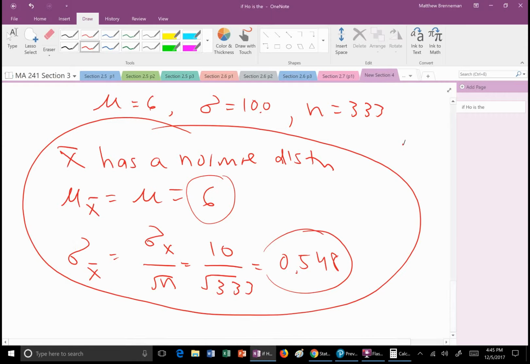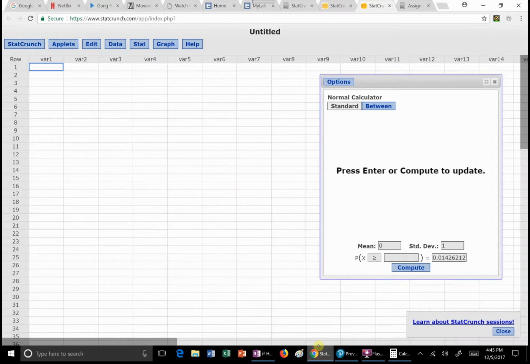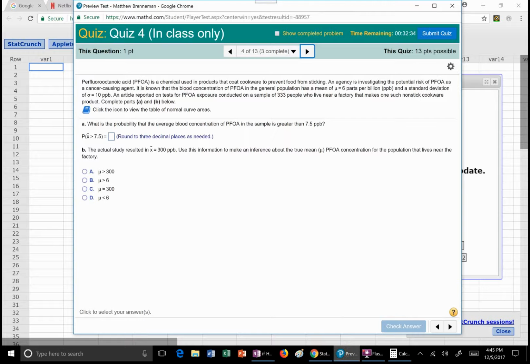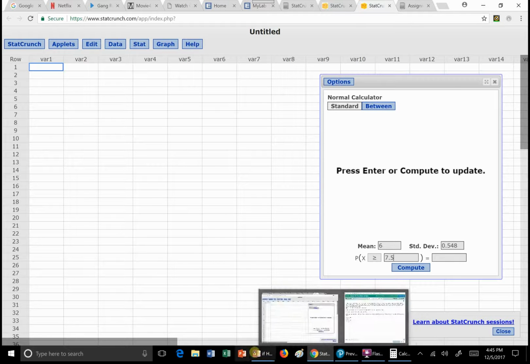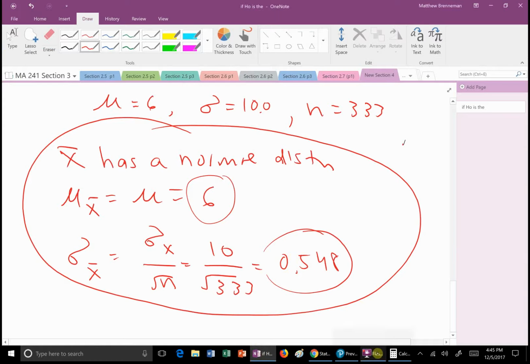So if we go into StatCrunch and say this is 6, this is, what do we say, 0.548, oops, right, and let's make sure we do this right here, and we want greater than 7.5. And let me make sure I had the standard deviation correct, 0.548, yeah, okay.